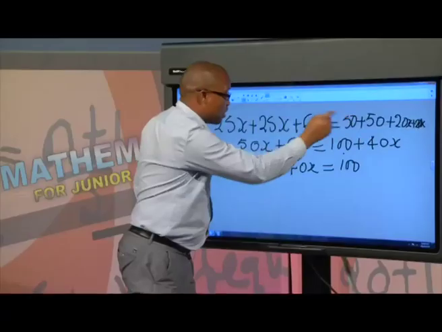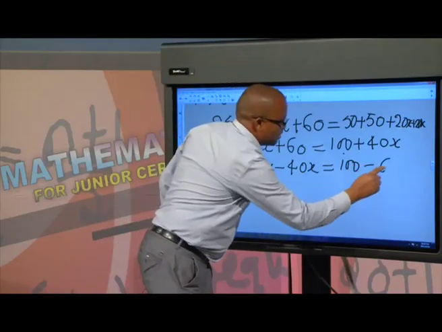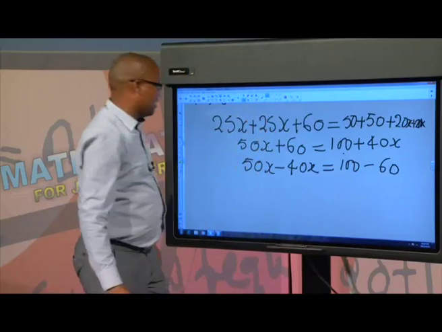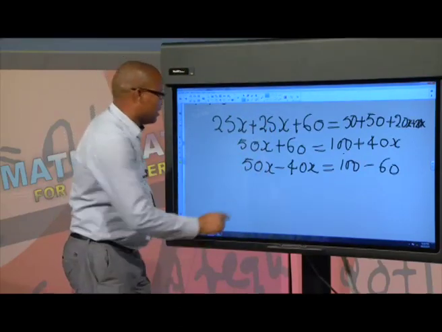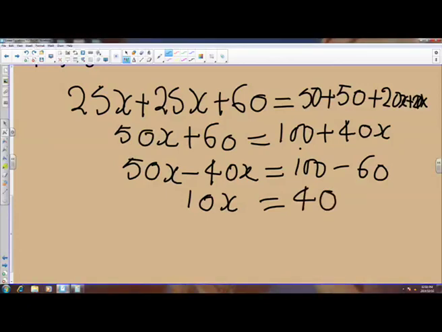minus 60. 60, take it this side of the equal sign, it becomes 100 minus 60. And then 50x minus 40x is 10x. 10x equals 100 minus 60, it's 40. And now the equation is 10x equals 40.